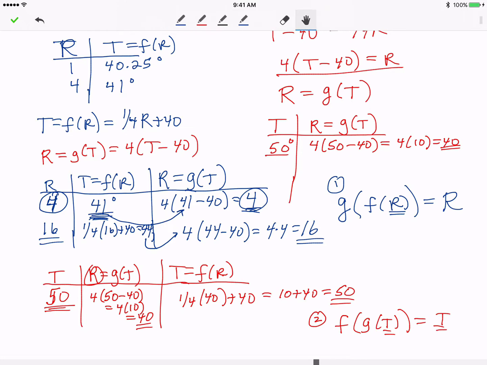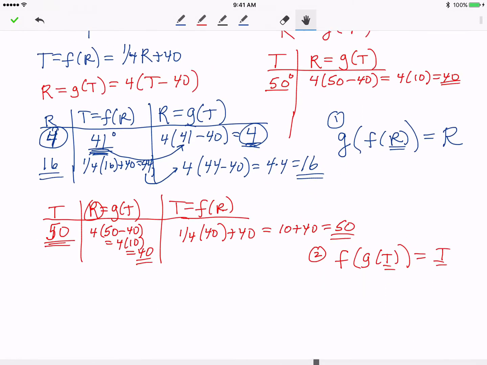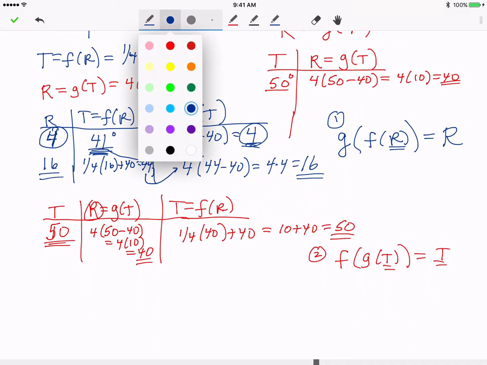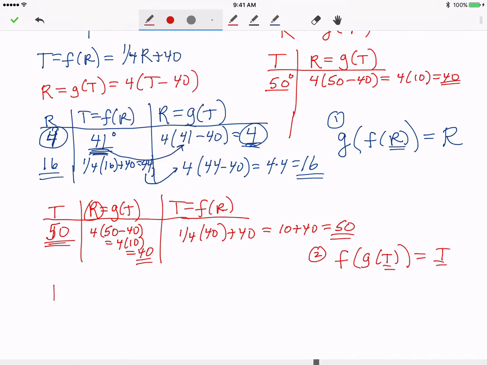So what we can say here is that the functions f and g are inverse functions of each other.